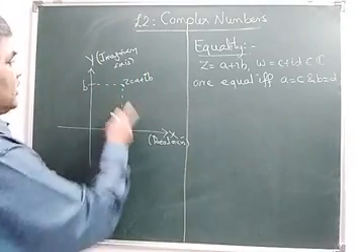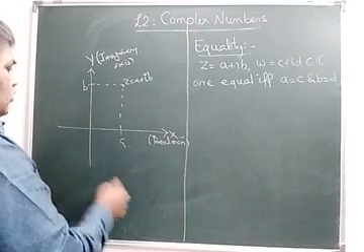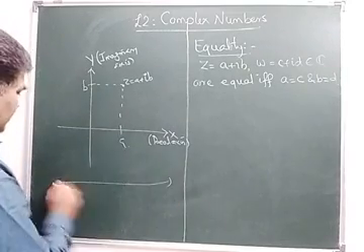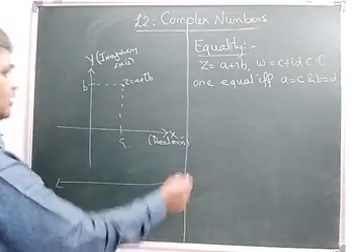Why am I explaining this here? Firstly, for two real numbers A and B, this is your real line, and this is your complex plane.